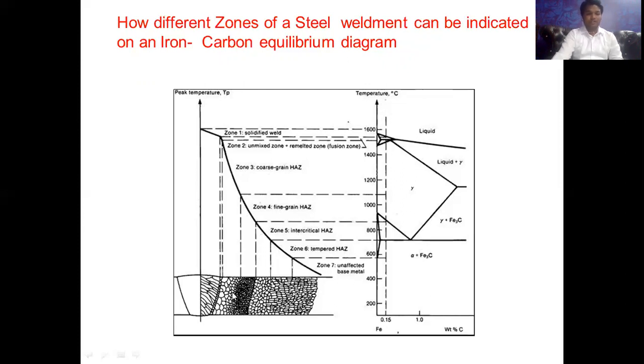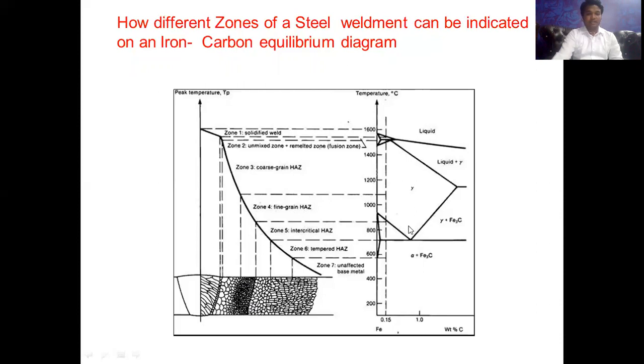The grain structure is coarse in the coarse grain HAZ, and the temperature ranges from 1500 to 1100 degrees centigrade. Next, adjacent to the coarse grain zone, you have a fine grain structure, because the microstructure of the weldment is very fine, and the temperature is between 900 and 1100 degrees centigrade. Next to the fine grain HAZ, you have the intercritical heat affected zone.